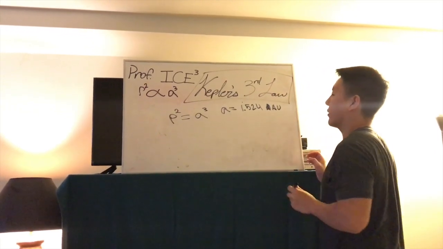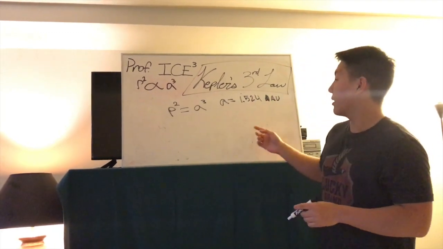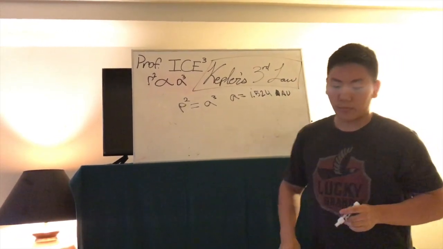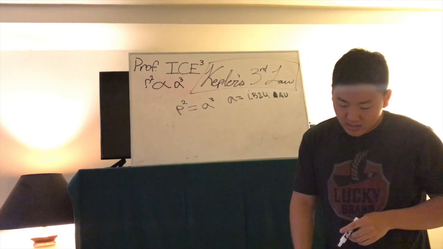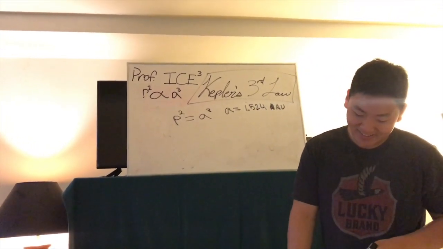The semi-major axis for Earth is 1 AU. The one for Mars, A for Mars, is 1.524 AU.